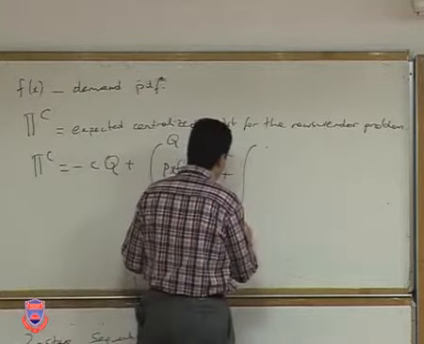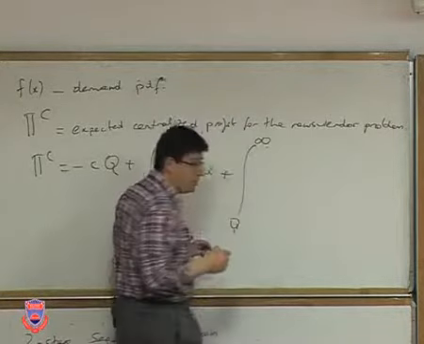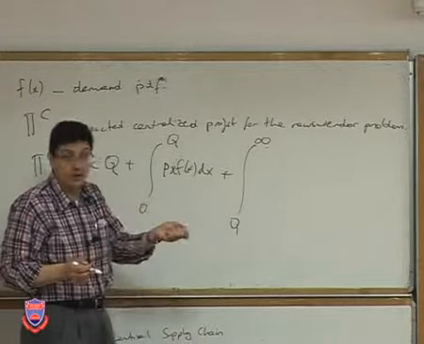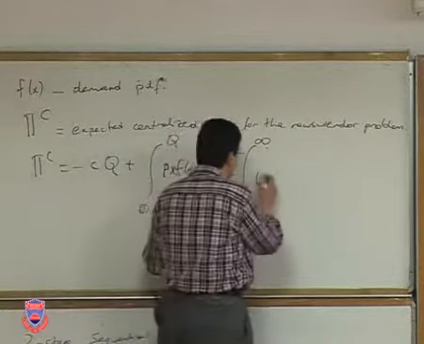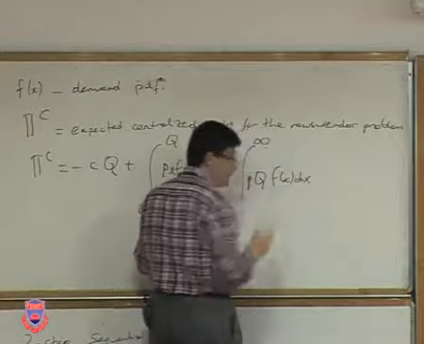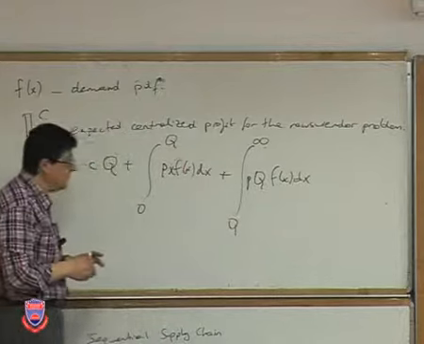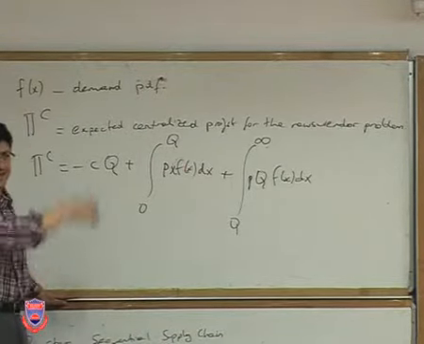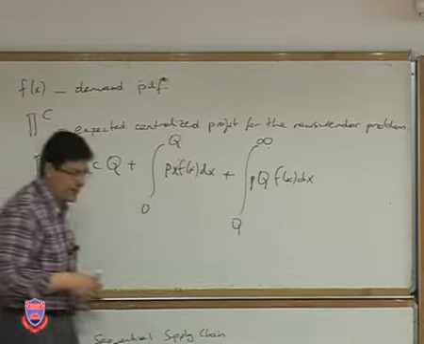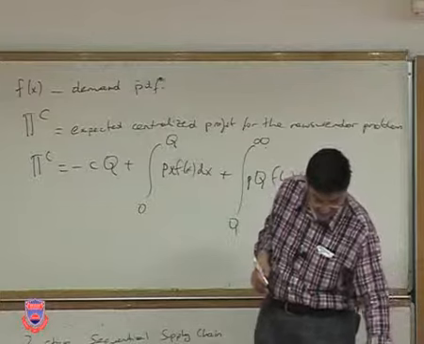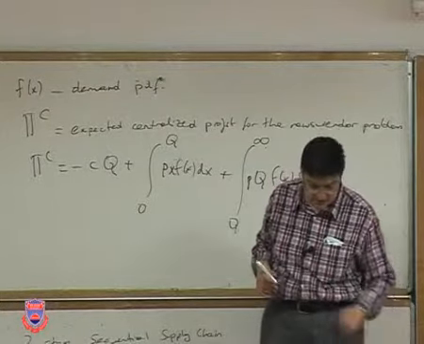And if the demand is larger than Q, I'm only going to receive the revenue for the Q units. So this is going to be P times Q times f of x dx. This is the centralized problem. Note that I don't have any salvage value, and so on.